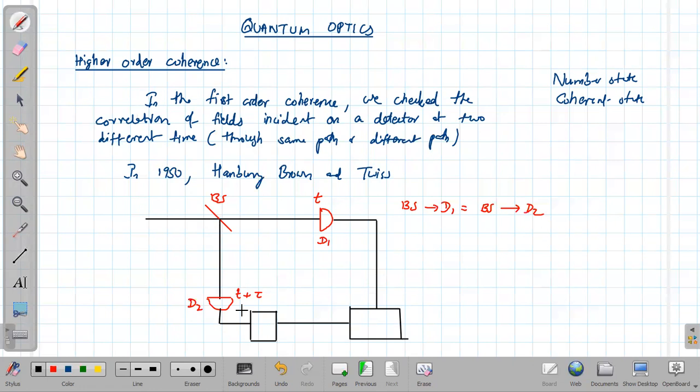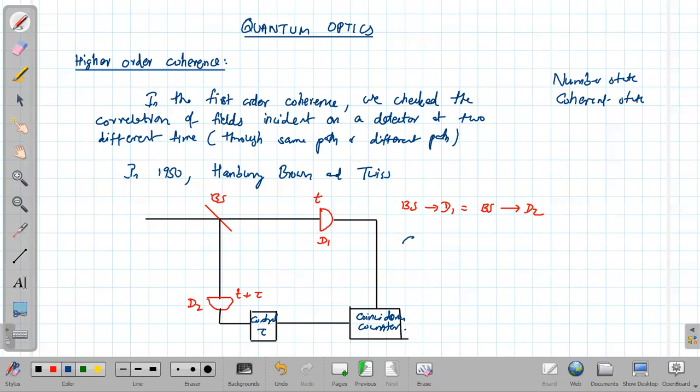And this is called the coincidence counter.